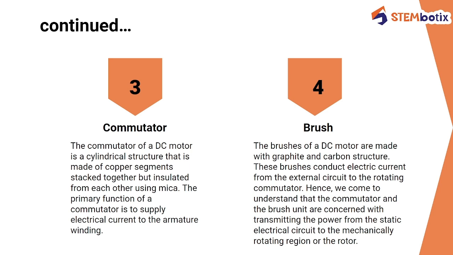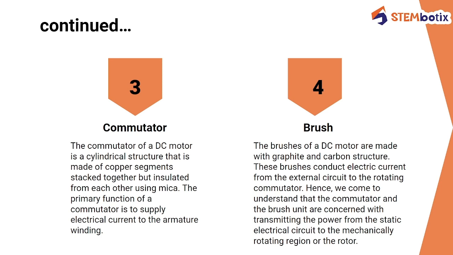And the fourth one is the brush. The brushes of a DC motor are made with graphite and carbon structure. Meaning the material used to make brushes is graphite and carbon. These brushes conduct electric current from the external circuit to the rotating commutator.